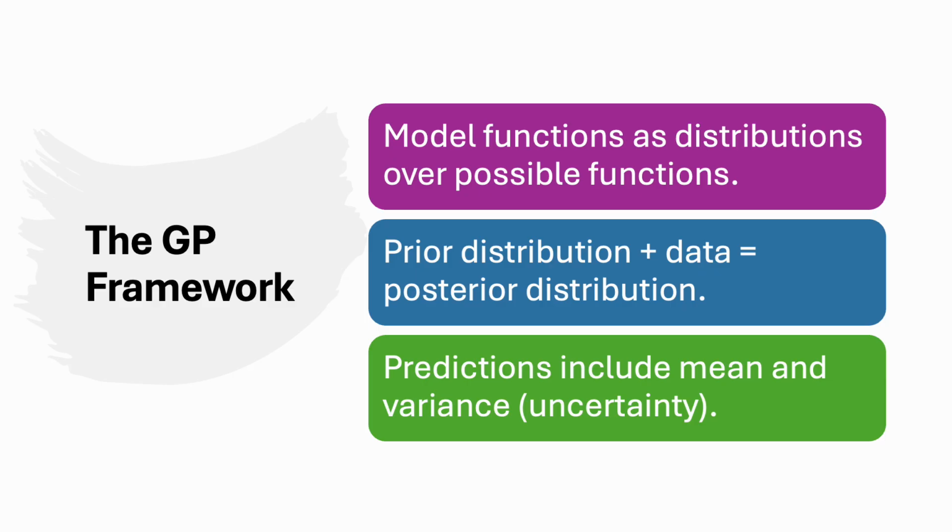The second step is uncertainty-aware predictions. The GP model quantifies uncertainty in its predictions, which is critical for identifying students who might be overlooked by deterministic methods. For instance, a student with inconsistent attendance might have a wide confidence interval in their predicted performance, signaling to advisors that they need closer monitoring.